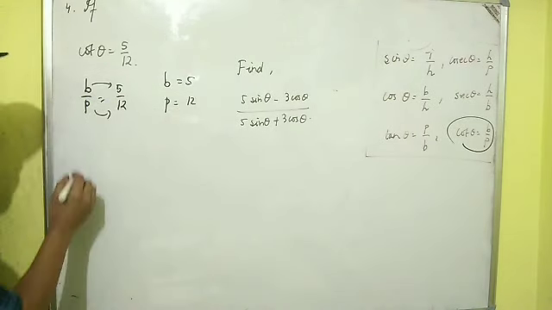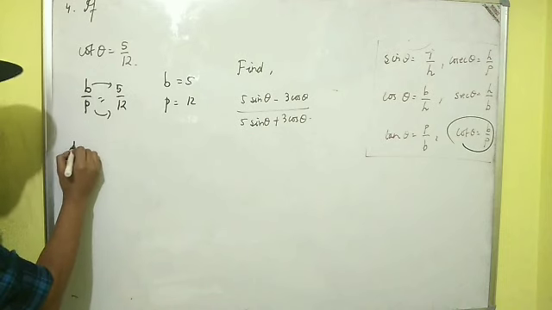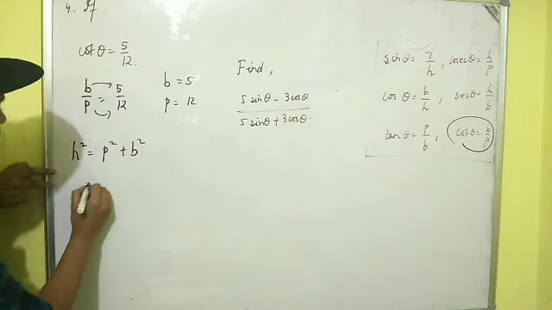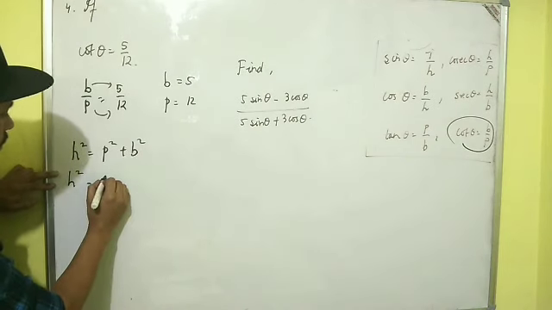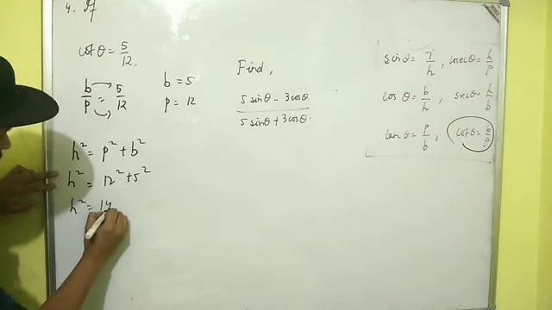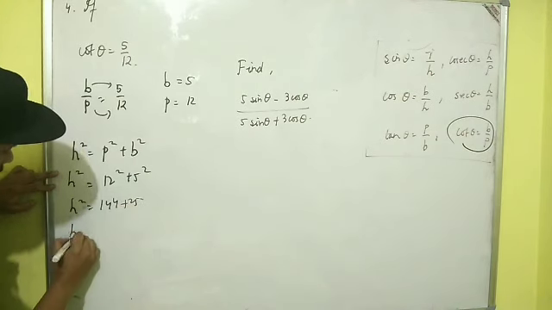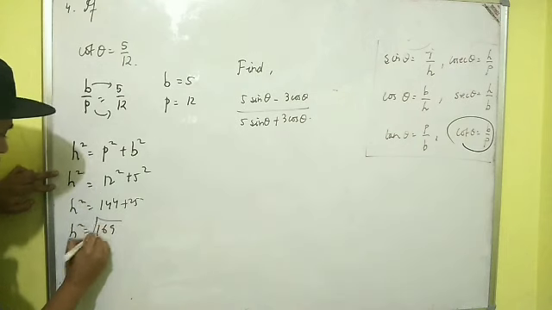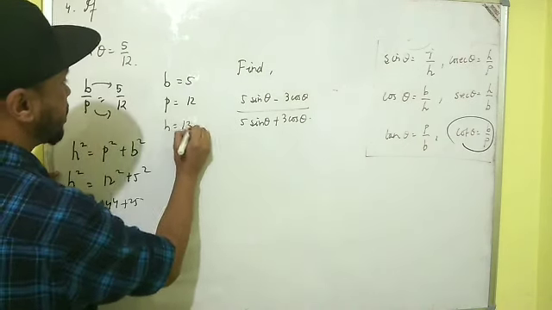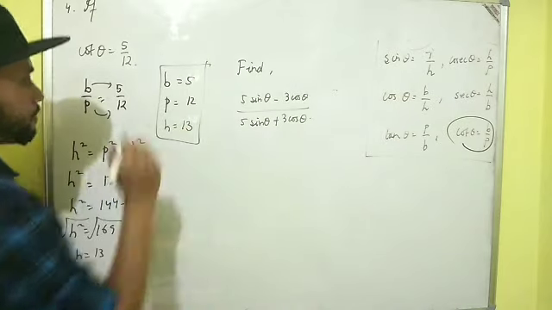Now we'll use Pythagoras theorem, which says h square is equal to p square plus b square, to find the value of h. So this is your 12 square plus 5 square. So this is your 144 plus 25. So h square equals 169. So if you take the square root on both sides, h is equal to 13. Now we'll use this value to find this value.